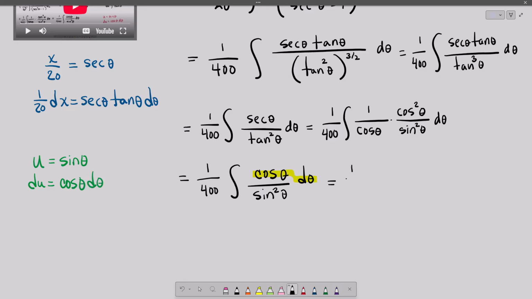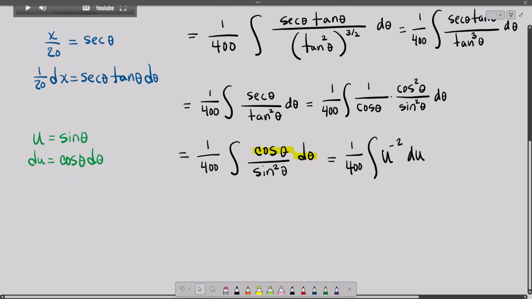And this integral then becomes u to the negative 2 du. Beauty. So we can power rule it.